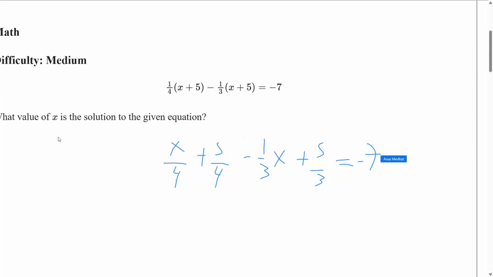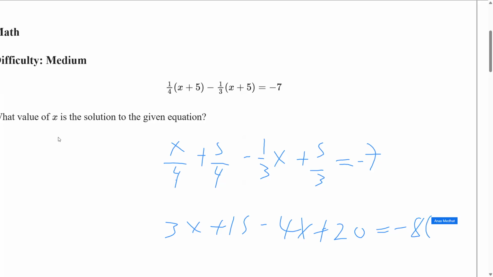Can multiply the whole equation by 12 to remove the fractions. Get 3x plus 15 minus 4x plus 20 equals negative 84.